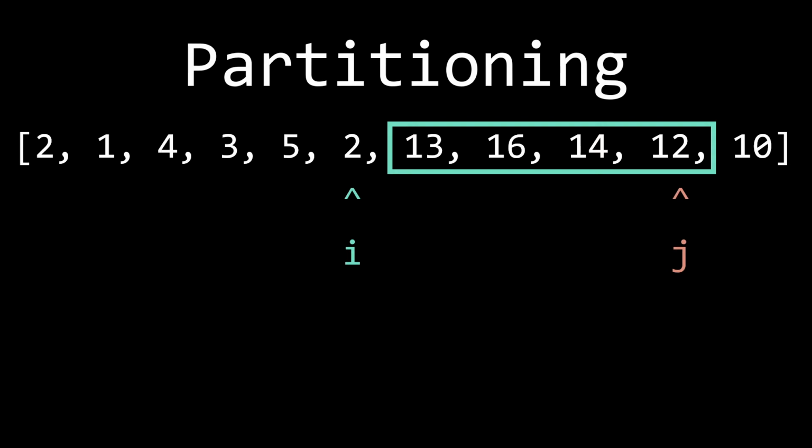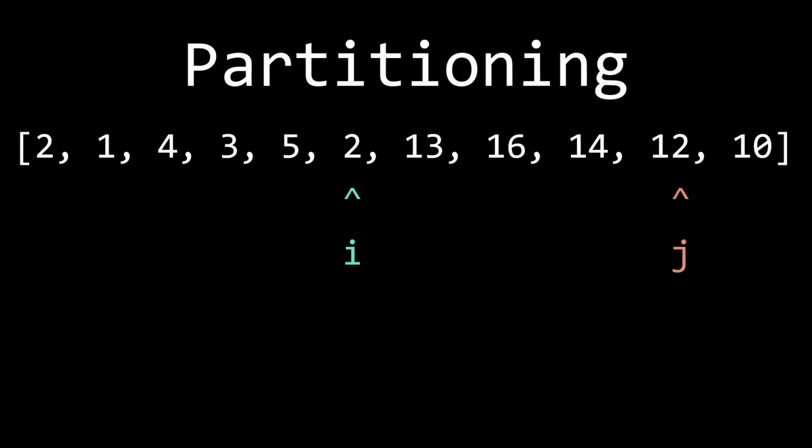To do that, we look at I plus 1, and swap the last value with the value at index I plus 1. So we take the 13 and the 10 and swap them. And then, like I said earlier, we need to return the index of the pivot. In this case, it would just be I plus 1.